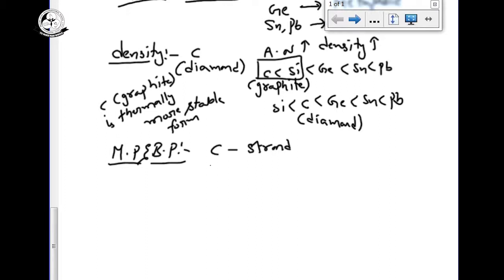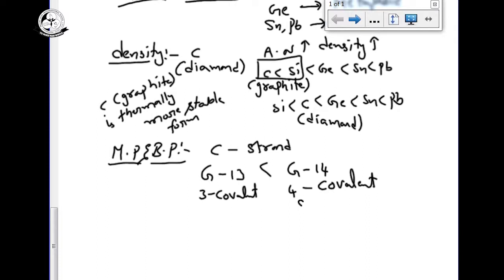So we have to compare group 13 elements and group 14 elements. Which has the highest melting and boiling points? Group 14 elements. Why? Because group 14 elements have 4 valence electrons, so they can form 4 covalent bonds. But group 13 elements can form only 3 covalent bonds. 4 bonds means 8 electrons in the valence shell, and 3 bonds means 6 electrons in the valence shell.